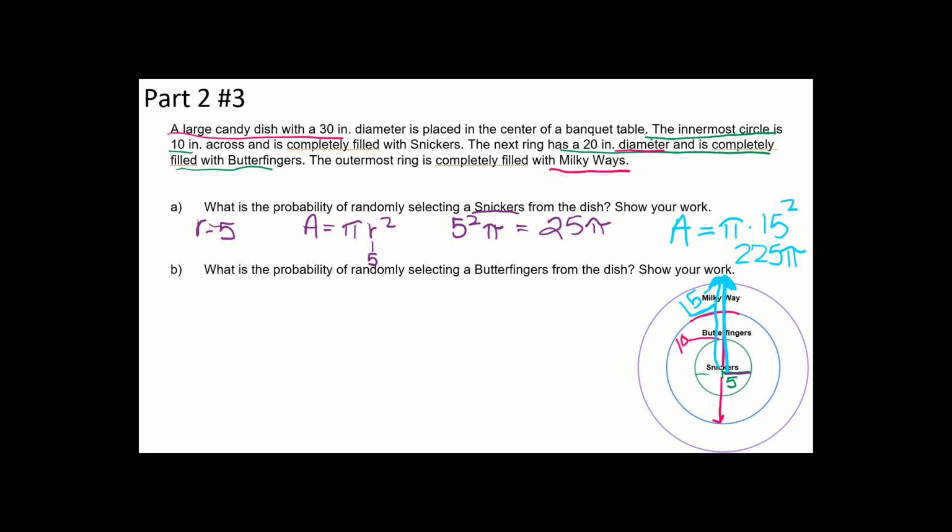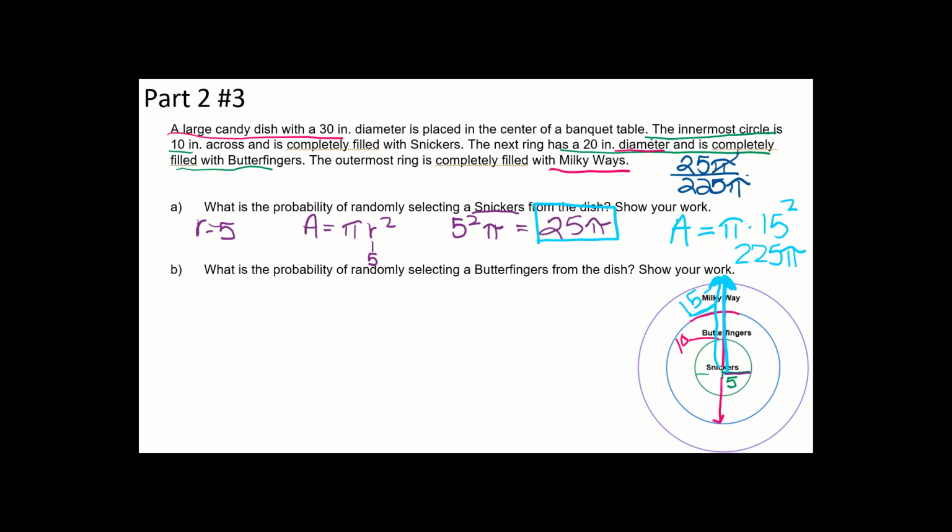So we want to compare the circle with the Snickers in it. That area is 25 pi over the total area, which is 225 pi.